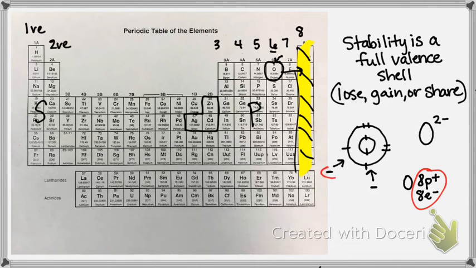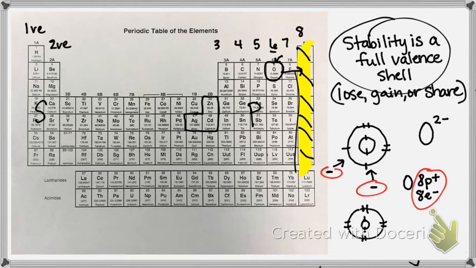Now, when it goes to bonding right here and it takes in electrons for chemical stability, that makes it charged. Let's just say this is still oxygen, okay, it's still got 8 protons in its nucleus, but now it's chemically stable with a full shell, and it now has a negative charge, because it still has 8 protons, because that's what makes it oxygen, but it now has 10 total electrons, which means we have an abundance of electrons by 2.